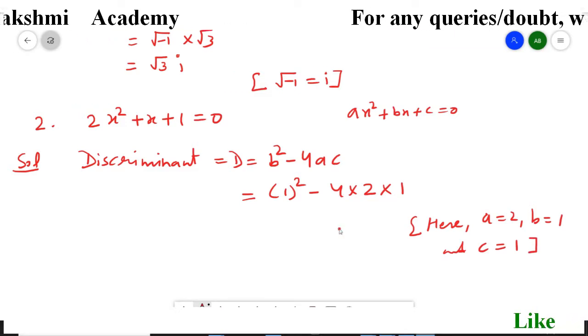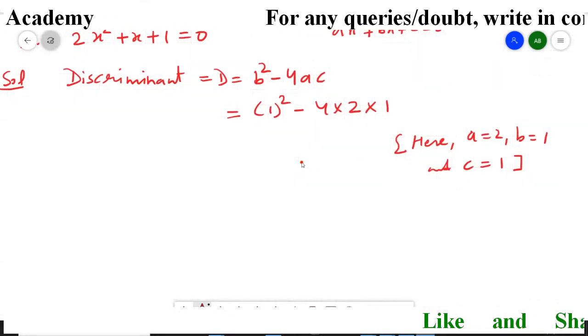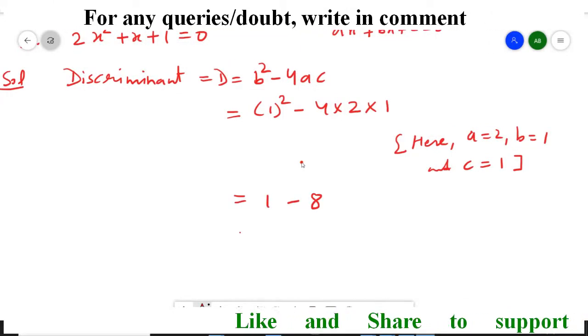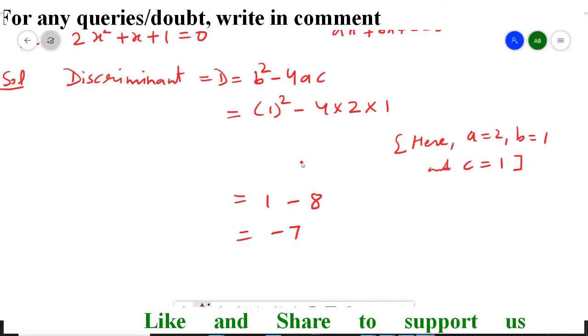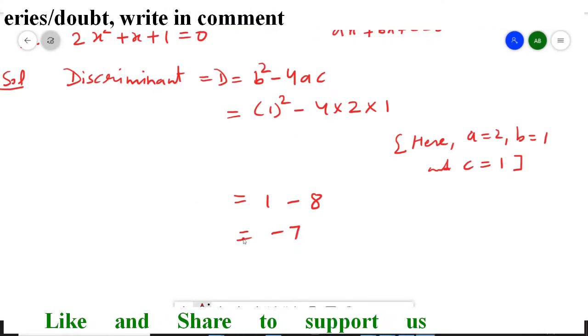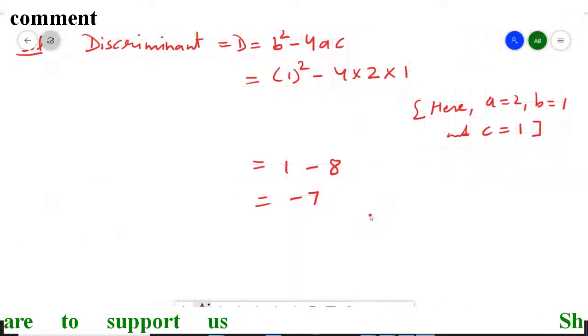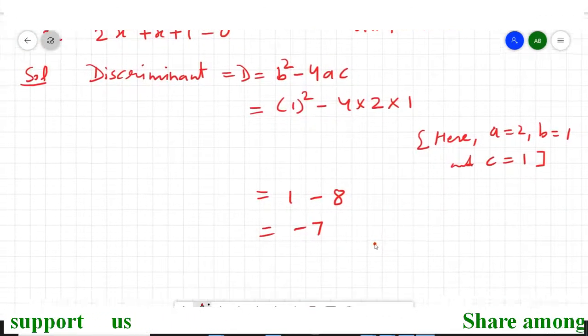Now we are going to solve this. When we solve it, we get 1 minus 8, that is minus 7. Since we obtained the discriminant as minus 7 and it is negative, less than 0, the roots are not going to be real, they are going to be imaginary.